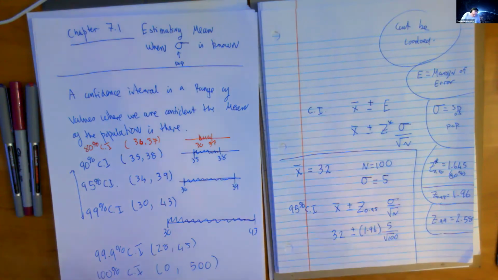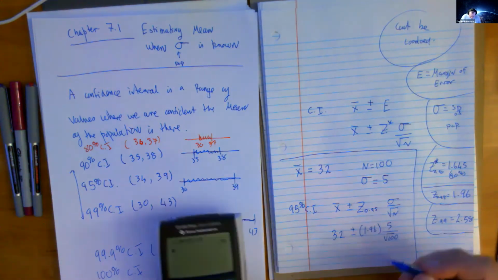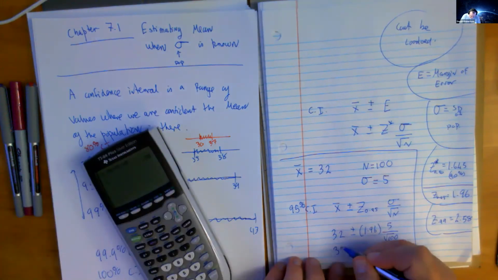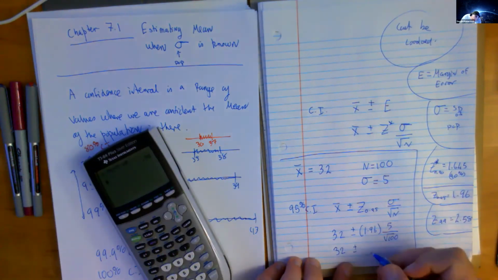It's not too onerous, but I mean, there is a fair amount of button pressing on these questions. And I get 32 plus or minus 0.98.